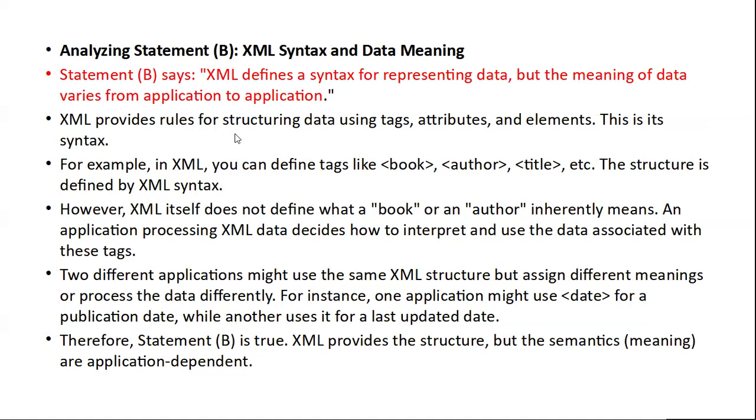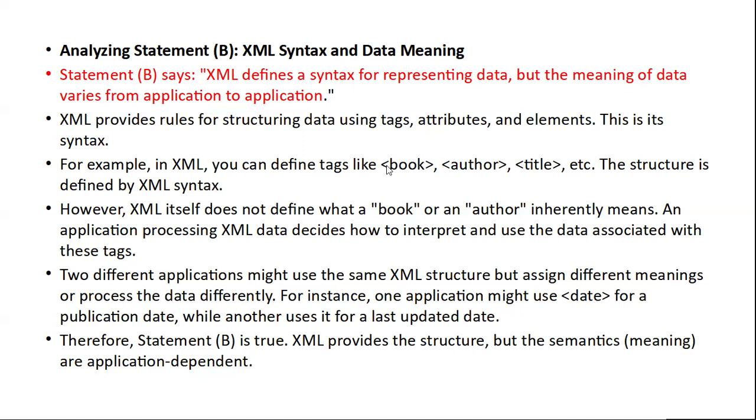For example, you can define tags like book, author, title, etc. So XML itself does not define what a book or an author inherently means. The application processing the XML data decides how to interpret and use the data associated with these tags.